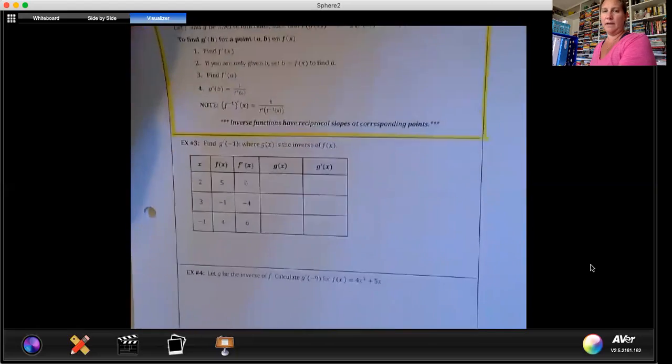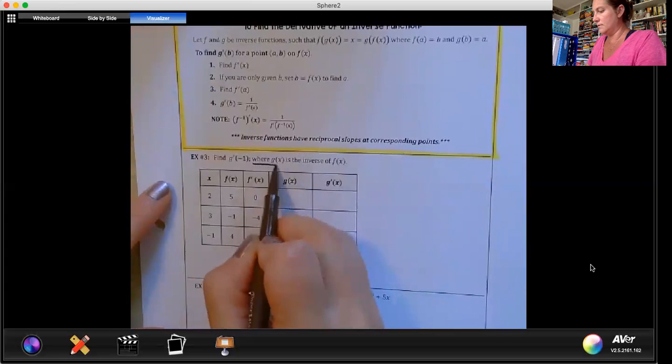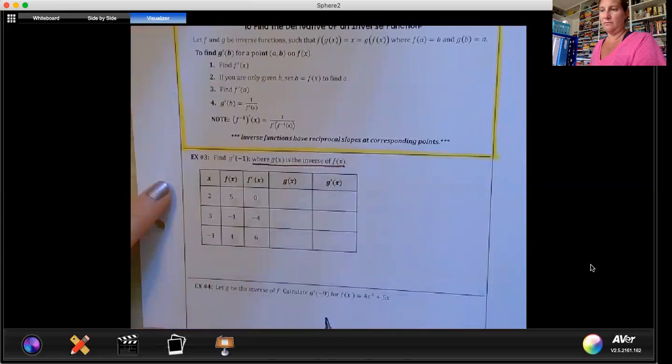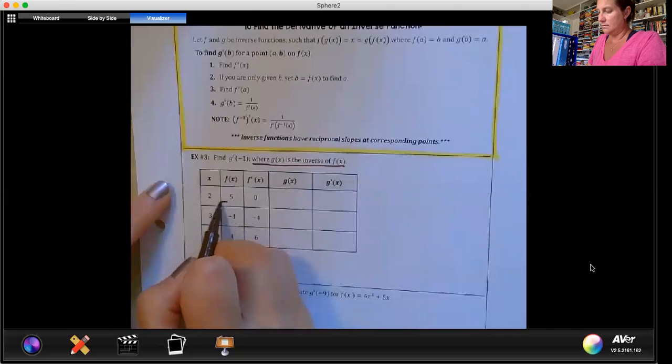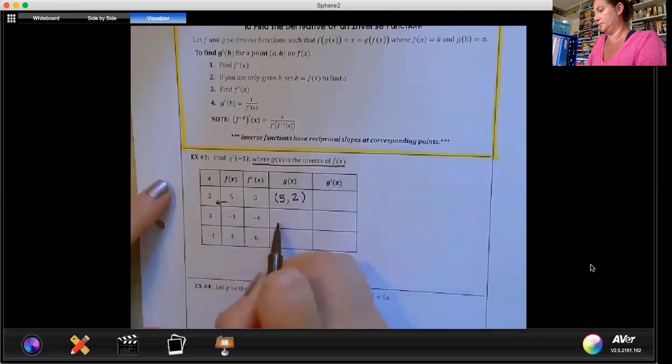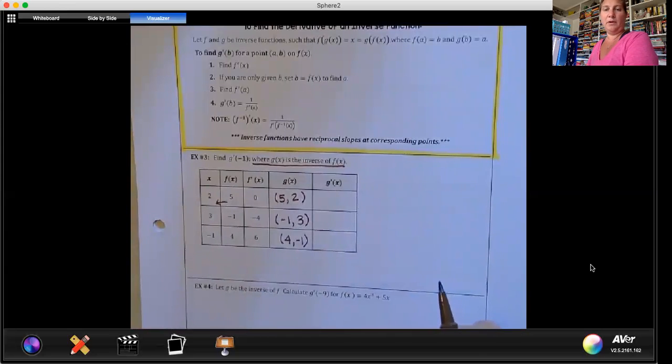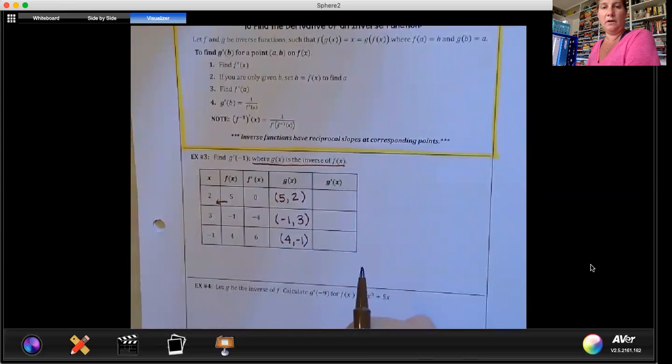So in example 3, we have a chart. g is the inverse of f. So if g is the inverse of f, we're going to go backwards here for our point. And remember what we just wrote about the reciprocals of inverses.